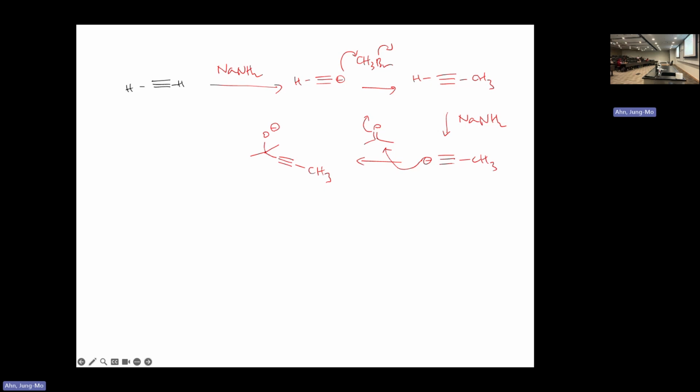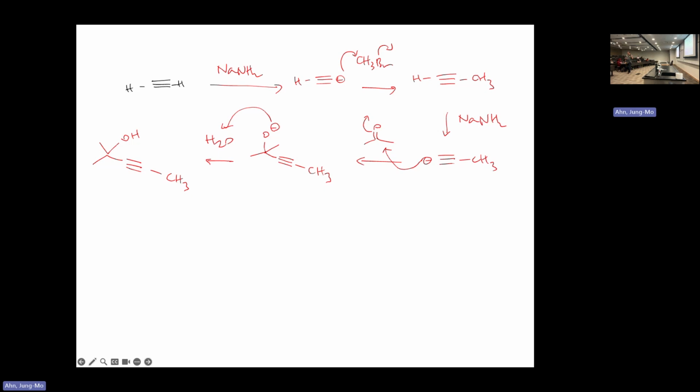So you get the oxygen anion, which will be protonated at the very end of the reaction. So you get an alcohol. An alcohol having a triple bond could probably be made this way. So I want you to recognize these possibilities when you're making triple bonds.